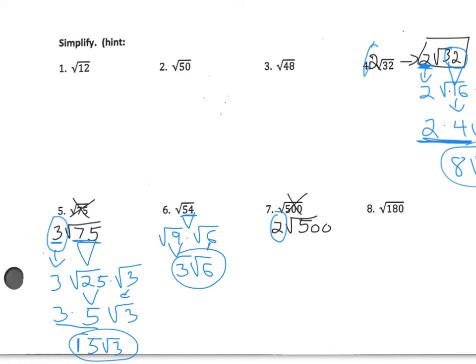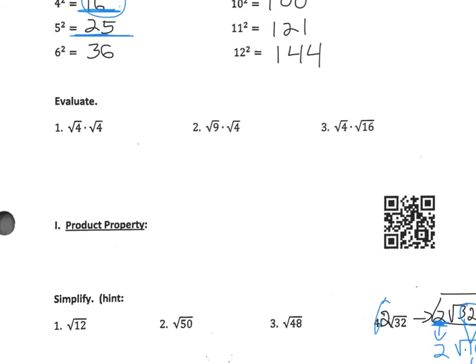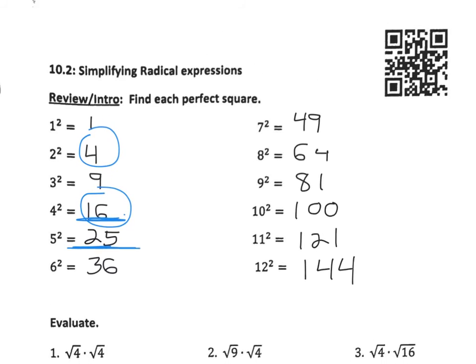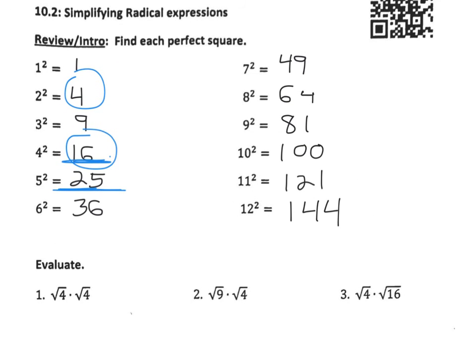All right, last one, number 7. So add this in your notes, this 2 on the outside. All right, and then 500. Okay, you got a bigger number here. So when I go to my perfect squares, you're gonna have a bunch that goes into it. Like 4 goes into 500.